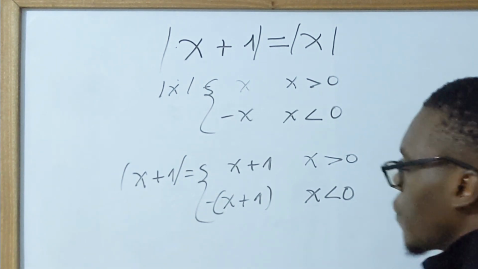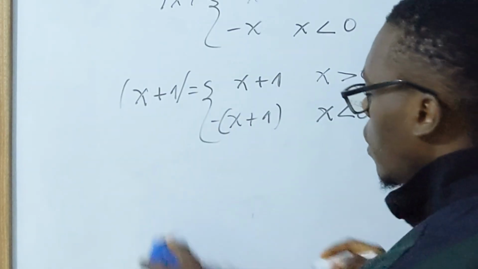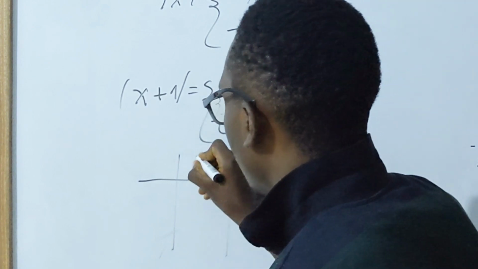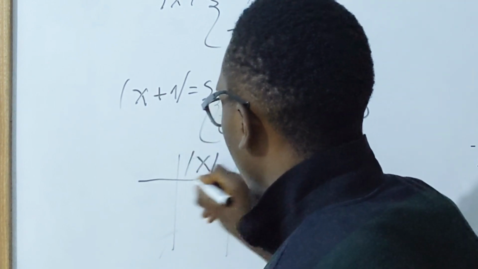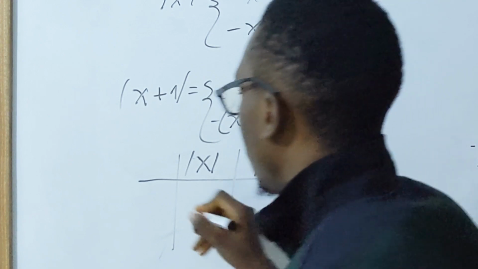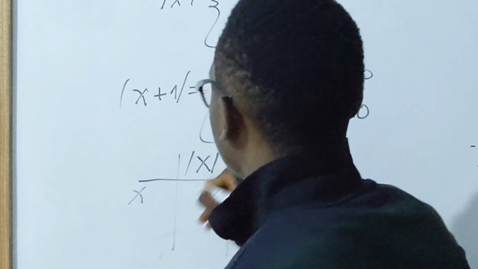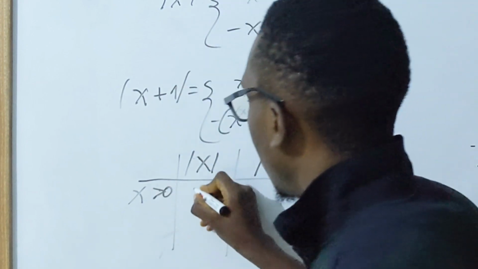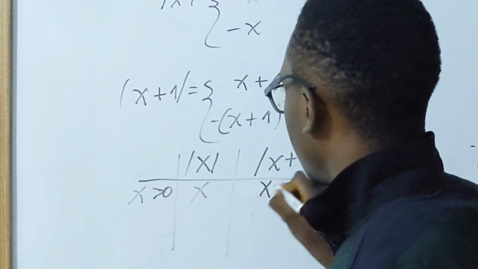Okay? And hence if you plot this on the graph, if you draw the inequality table of this, for modulus of x, or modulus of x plus 1, in case x is greater than 0, we are going to be having x here, and here we are going to have x plus 1.